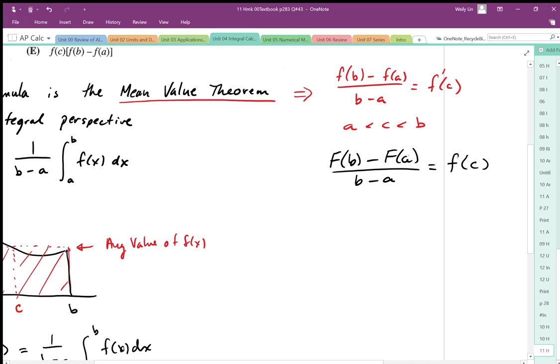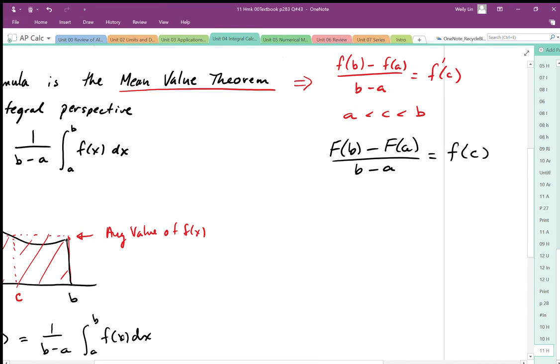If that's my big F, then f would represent my slope function. So there's my mean value theorem when I use big F. And when I look at that numerator, really that's the change in big F over b minus a. That's equal to f of c.